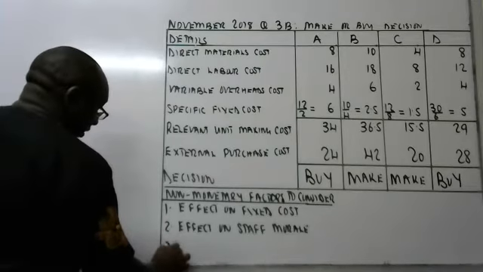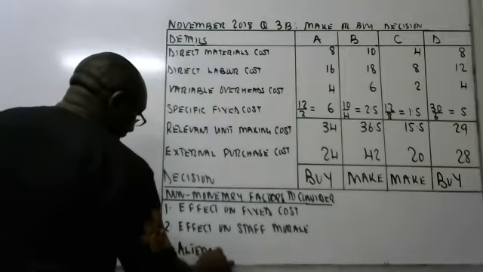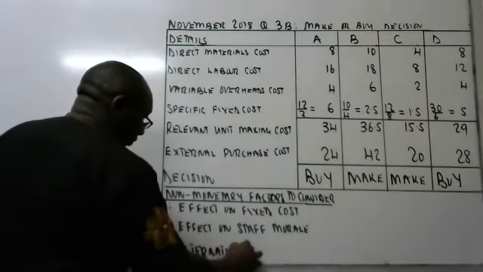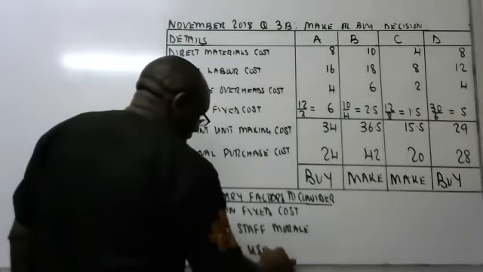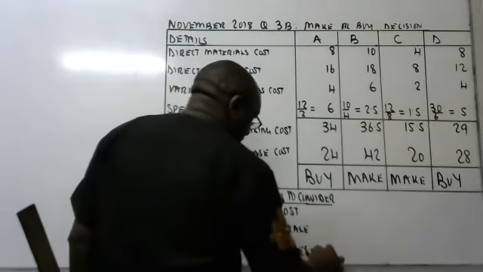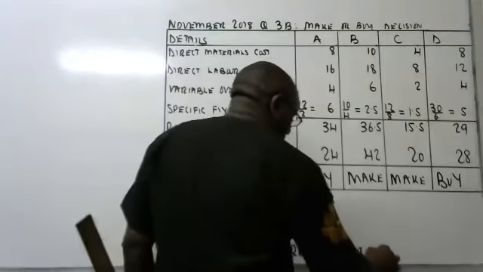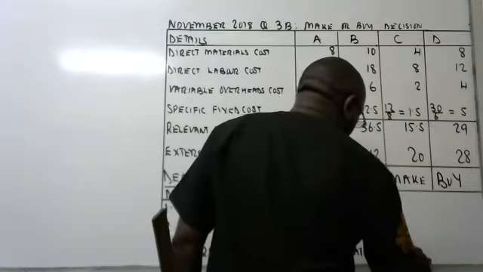Number three is alternative use of resources that will become idle.